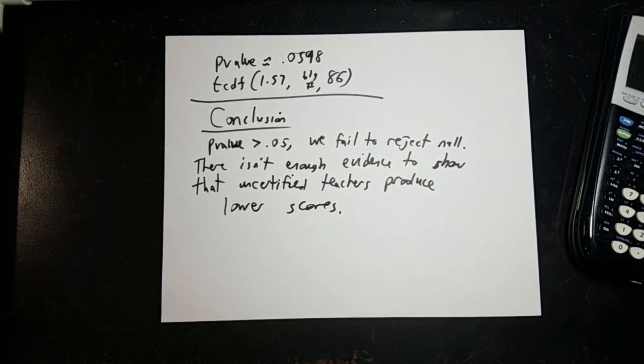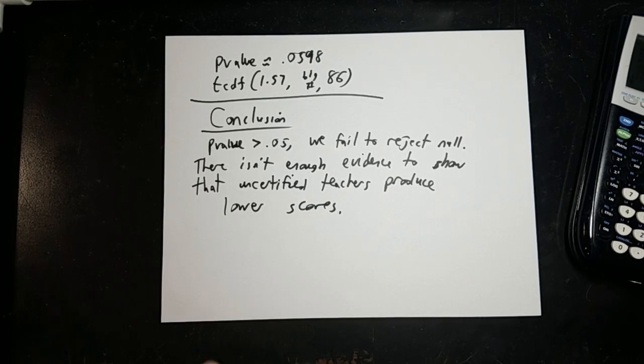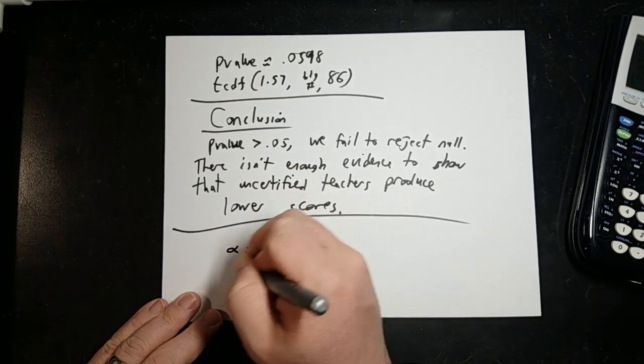That's an appropriate conclusion. The details that I have to get into is that this 0.0598 is so close that you can do this and you'd be fine. But 0.0598, 0.06 is less than 0.10. You would reject at an alpha level of 10%.